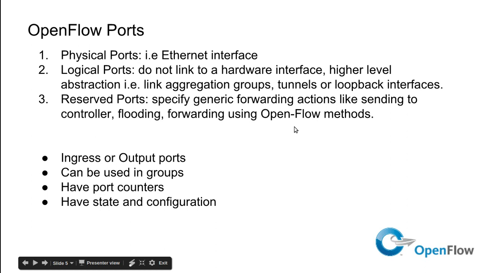And the third type would be our reserved ports. Basically they are generic forwarding actions for OpenFlow, and for example, they can send packets to the controller, or they can flood to all the ports of the switch, or they can just simply forward the packets using OpenFlow methods.